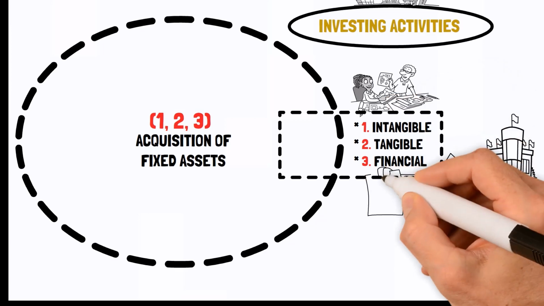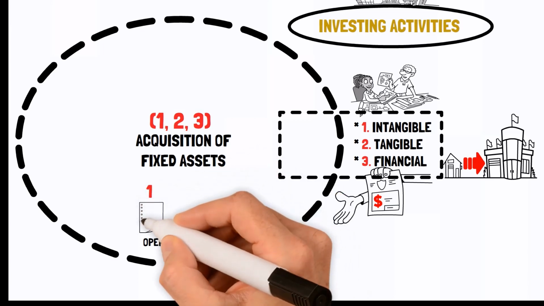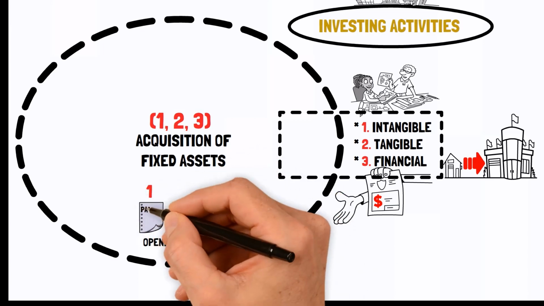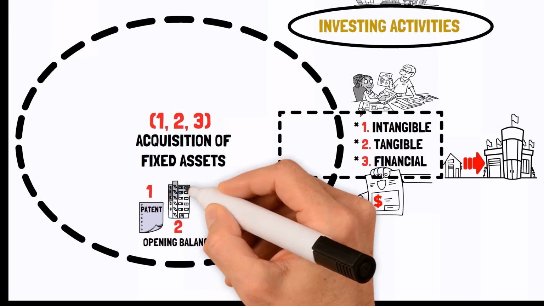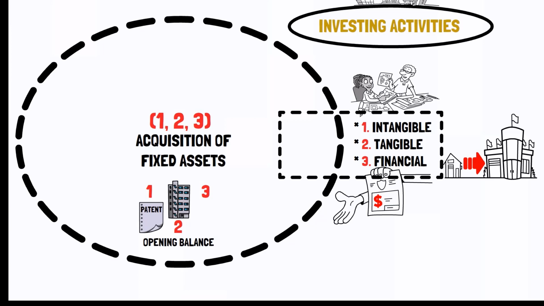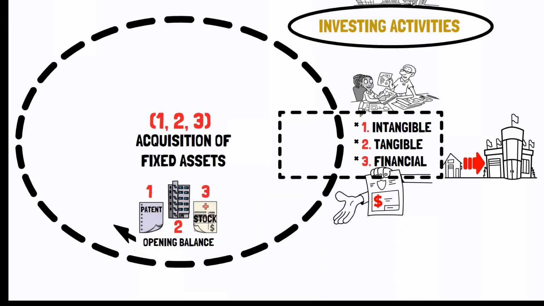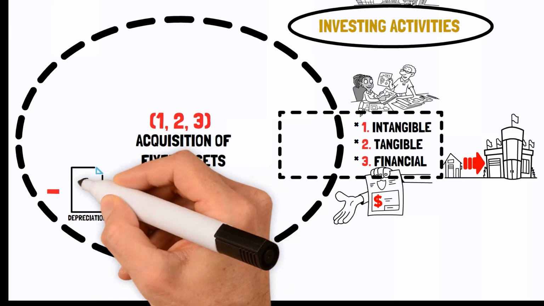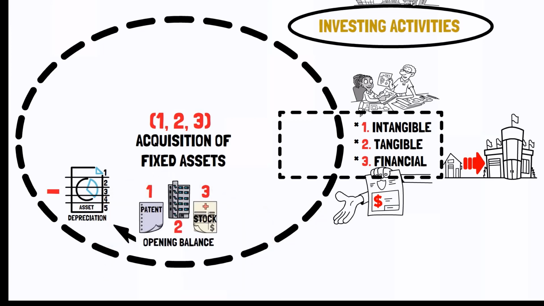The acquisition of fixed assets is examined by adding the opening balance of the asset to be investigated. That is, by choosing one of the 3 different assets, either intangible, tangible, or financial fixed assets, and adding the entering balance. The next step is to subtract all depreciation for each asset, meaning the systematic reduction of assets' value over time.